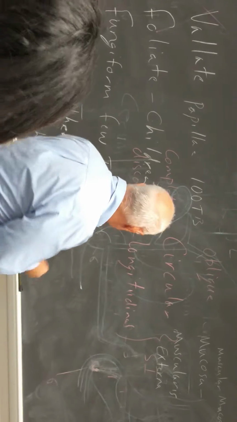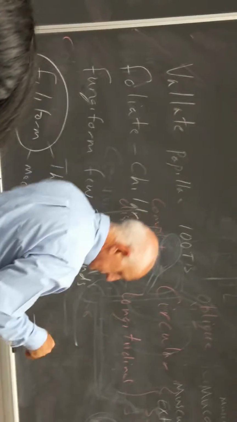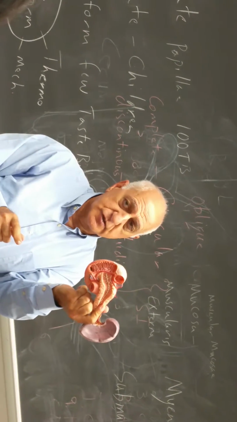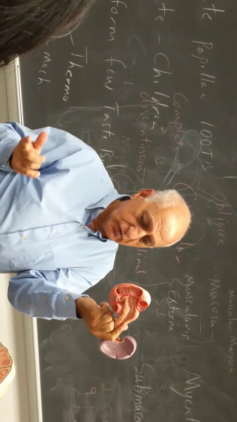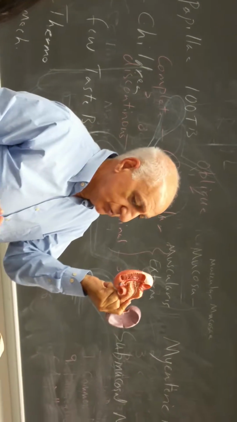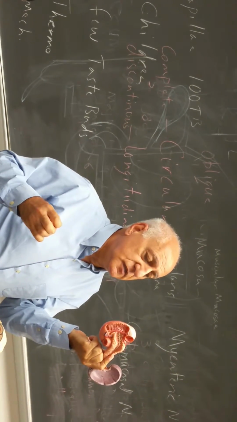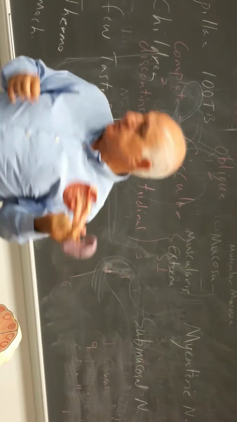The folds are shown here. They are part of the mucosa, like the mucosal folds, but they are circular. That's why they call them circular folds, or in Latin, plica circularis.